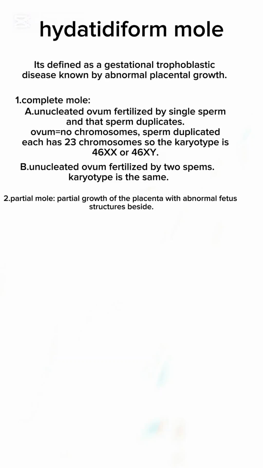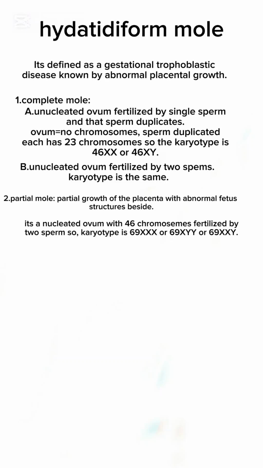So it's triploid. The karyotype of partial mole is triploid, either 69XXX, 69XXY, or 69XYY. Those are the karyotypes of the partial mole.